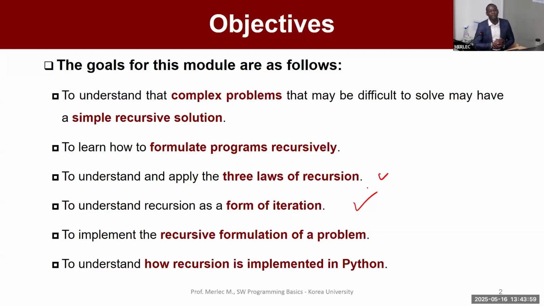We have seen how to implement iteration in Python using loops, such as for loops and while loops. This will help you understand the recursive solution you will build for the complex problem, and then you can implement the formulation of your solution to the given problem using Python. So we'll see how we can implement this kind of recursive logic using Python as a programming language.